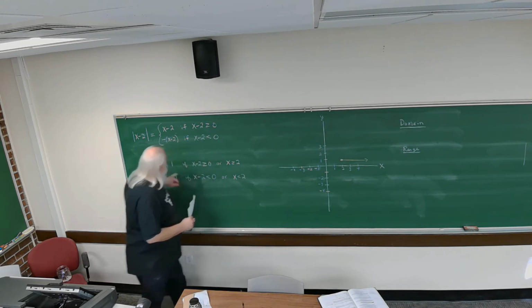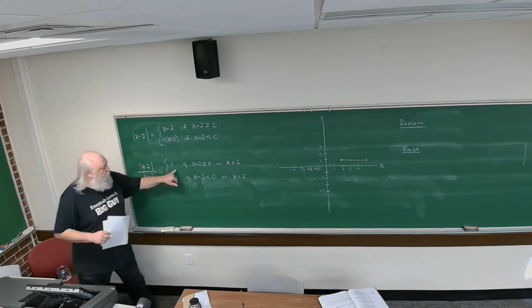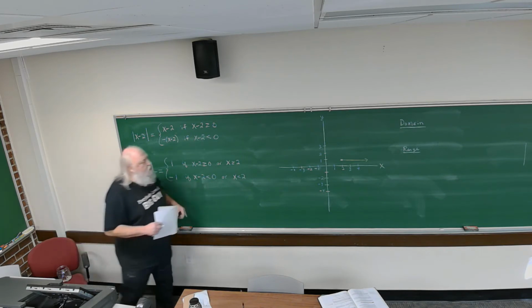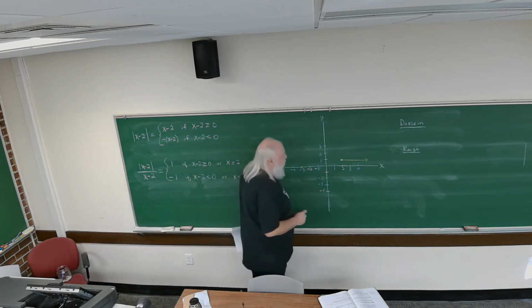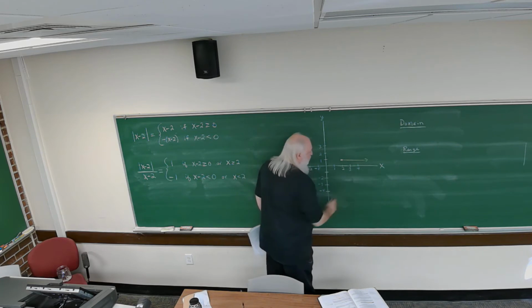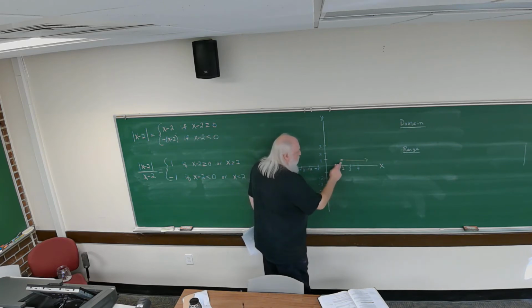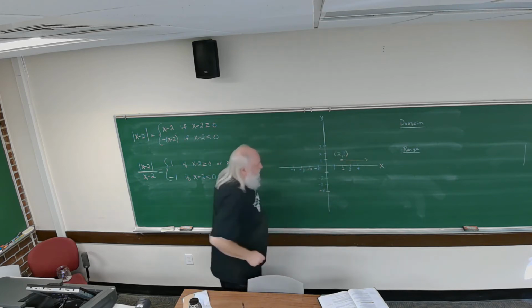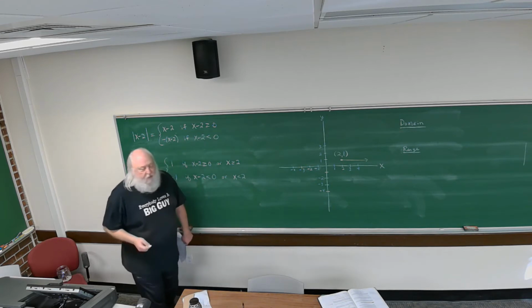This is the y coordinate, right? So for every value of x greater than or equal to 2, the y coordinate is 1. And so the graph for x greater than or equal to 2 is a half line starting at x equals 2, and y equals 1. This is the point 2, 1. So we just have a horizontal half line going to the right.